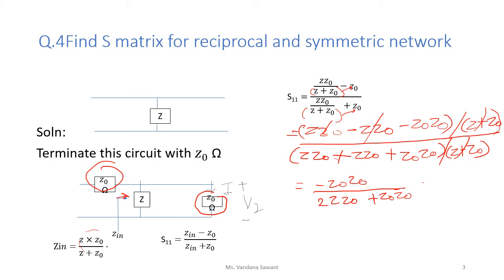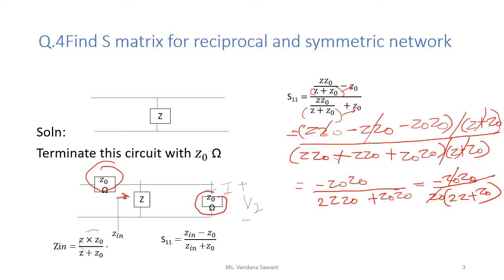So now we can take Z0 common from both numerator and denominator. So that will become minus Z0 into Z0 divided by Z0, we will take Z0 common. So the remaining will be twice Z plus Z0, since Z0 we have taken out. So that will become Z0 into the bracket twice Z plus Z0. Now this Z0 can be cancelled with this one.